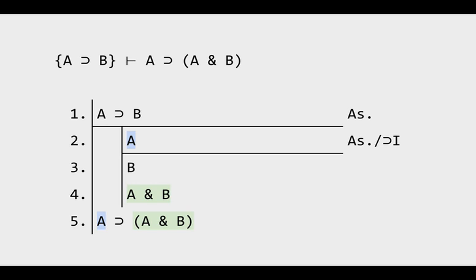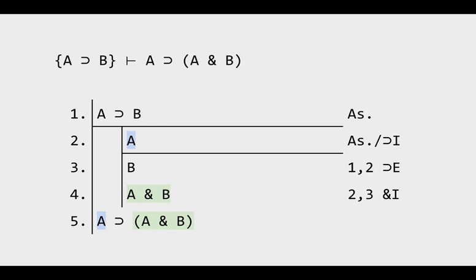That's it. You get B from lines 1 and 2, conditional elimination, and then in line 4, you merely make a conjunction. 2, 3, conjunction introduction. And now you can see, and it's color-coded, that we can easily establish a relationship from 2 to 4.